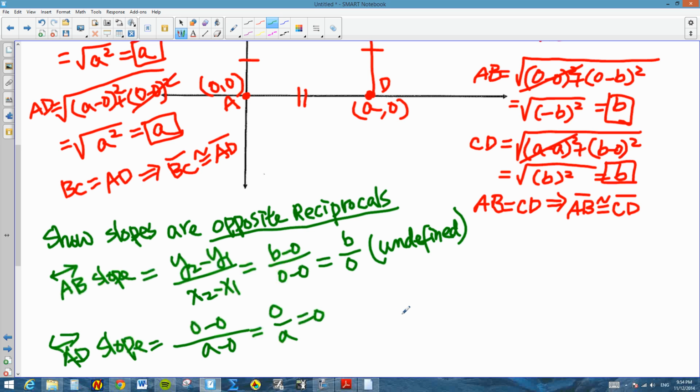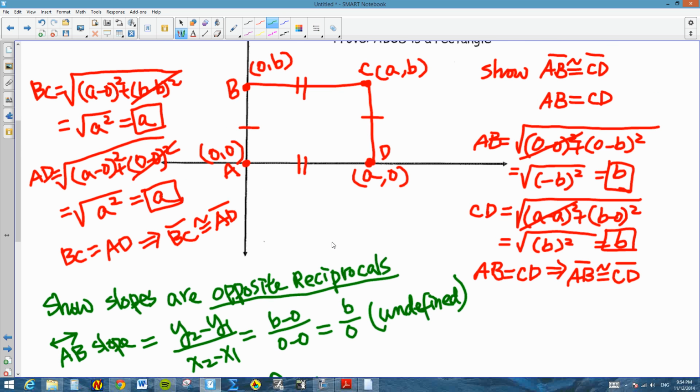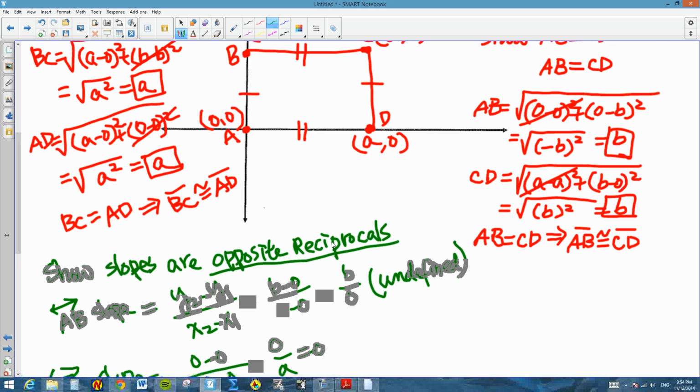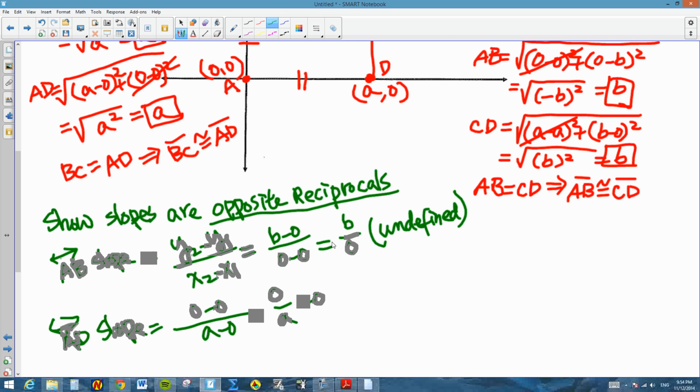So they are opposite reciprocals. Okay, so this is AB.